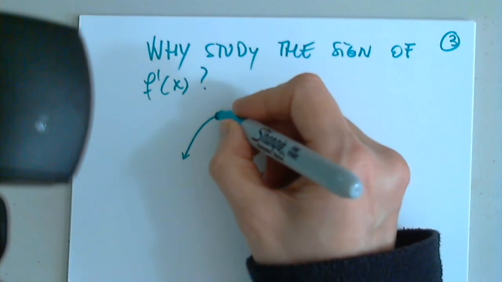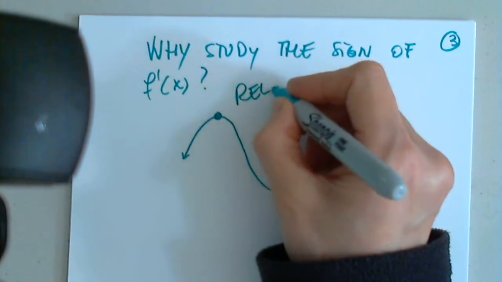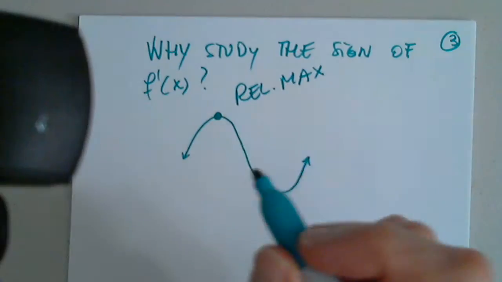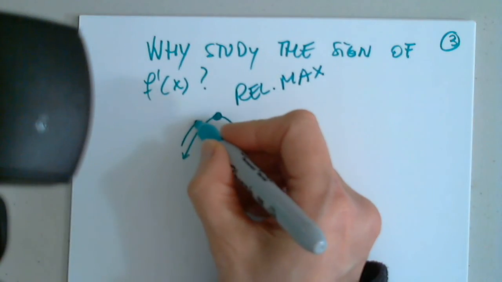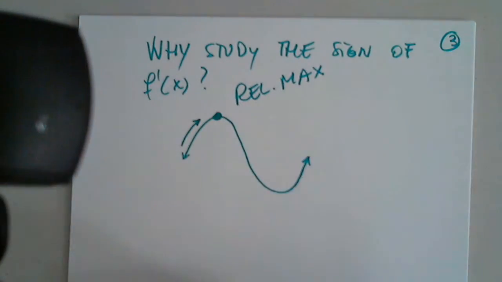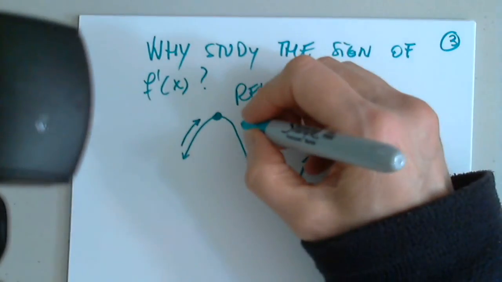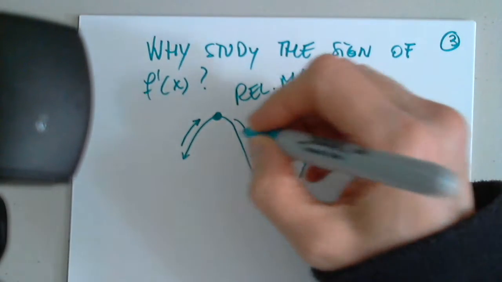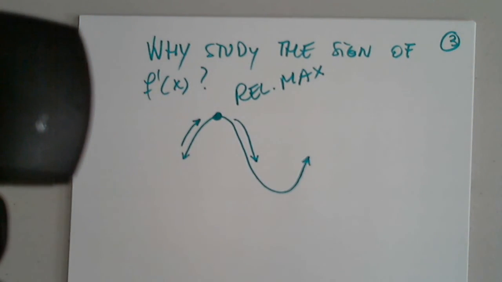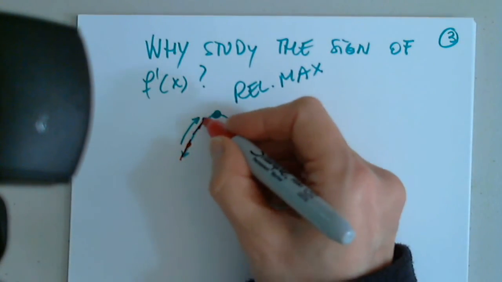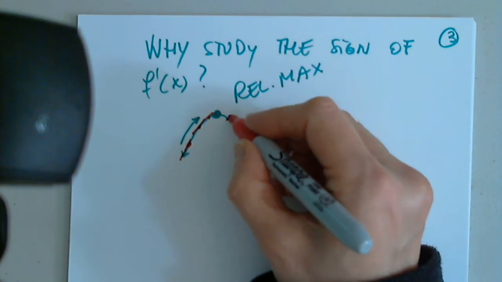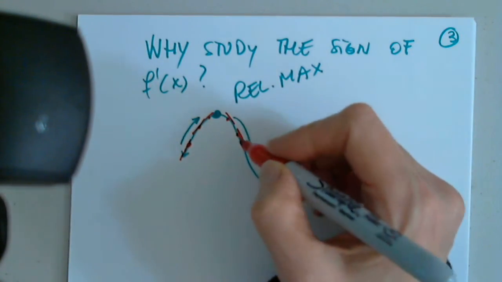It's very clear that this is a relative max. And I see that the function is increasing before it gets to the relative max and decreasing after it gets to the relative max. So I have here slopes of tangents. I have here slopes of tangents.